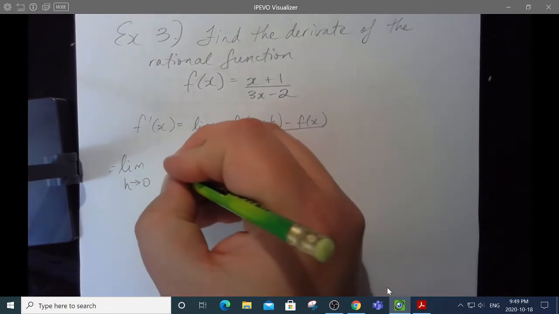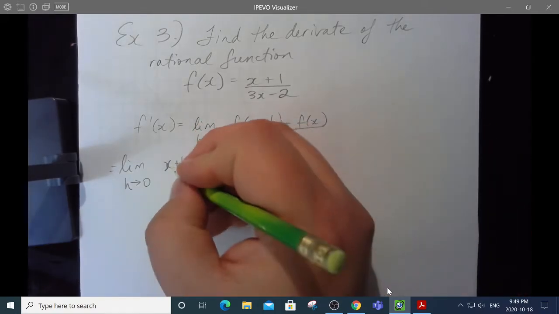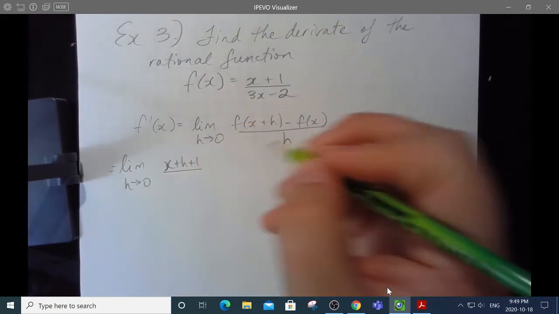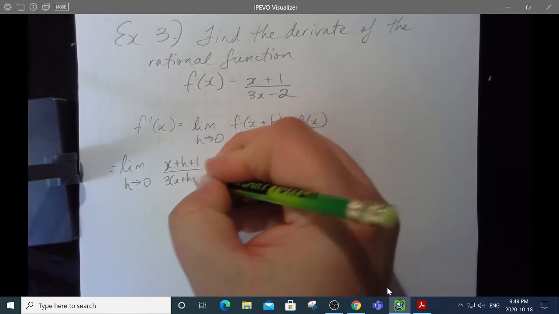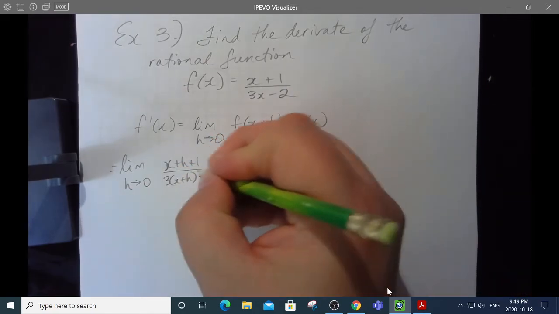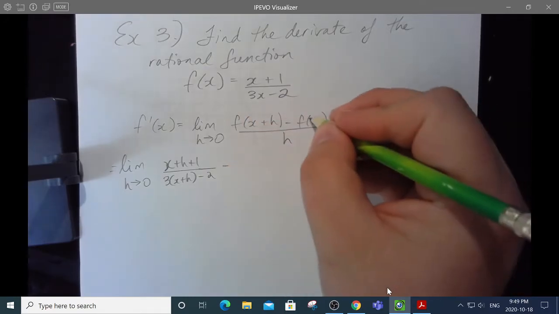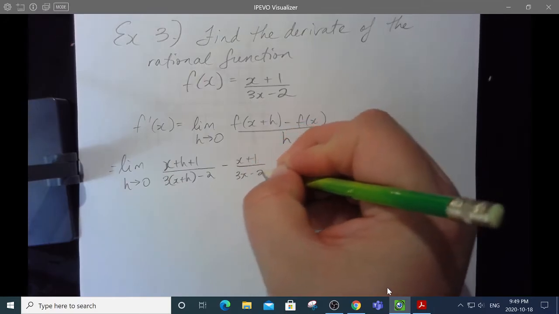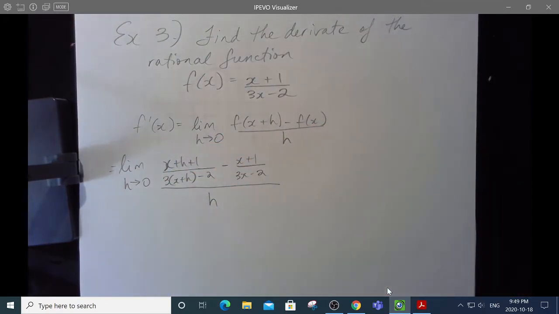So it's going to be x plus h plus 1 all over 3 times x plus h minus 2. Okay, so that took care of this part. Minus f of x, which is x plus 1 over 3x minus 2, all over h. See if the logic of that makes sense to you.